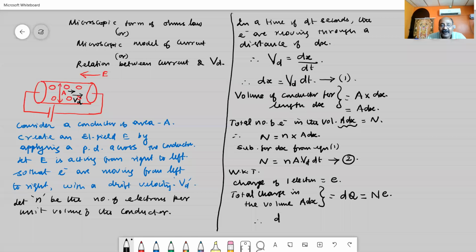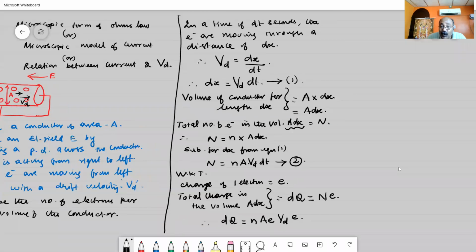So therefore, dq is equal to, what is capital N? N into A into V suffix d into dt, multiplied with e. So we have calculated the total charge available in that volume. I have taken it as equation number 3.